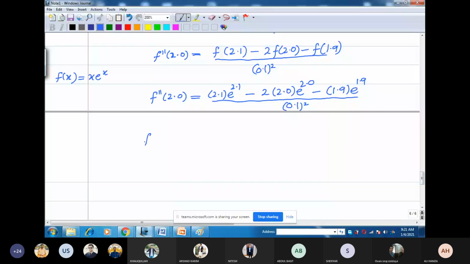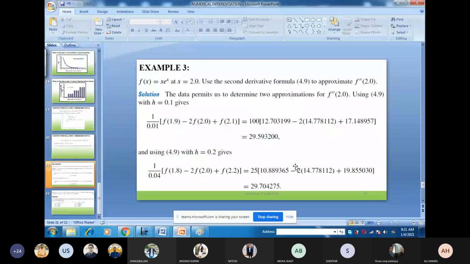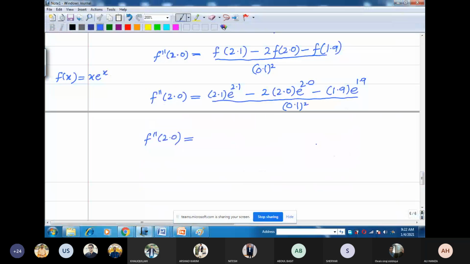Finally, we have the approximation 29.593200. Right.